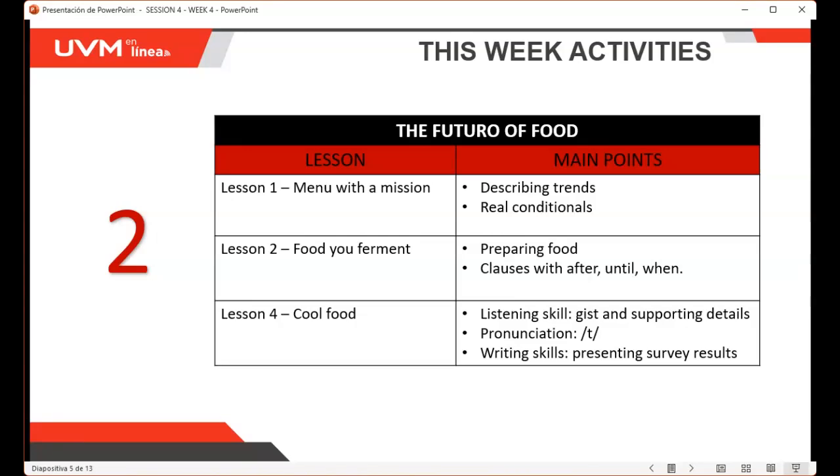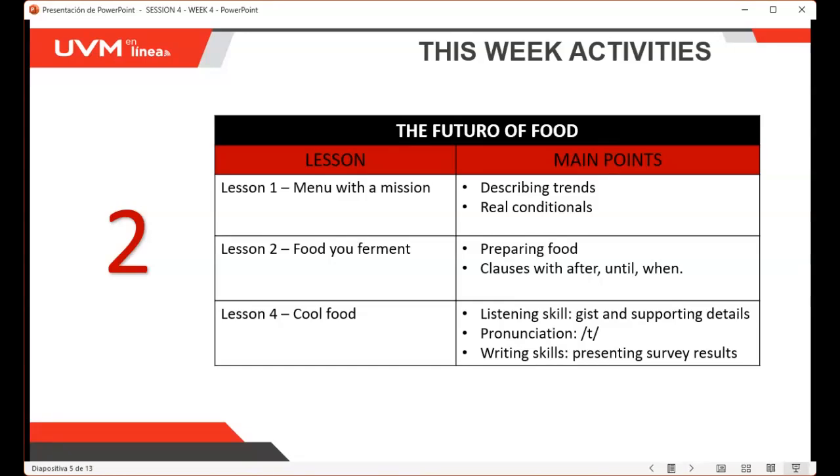So I really recommend you to revise and study all the content of the unit, not only vocabulary but also grammar, because it is very important for us.